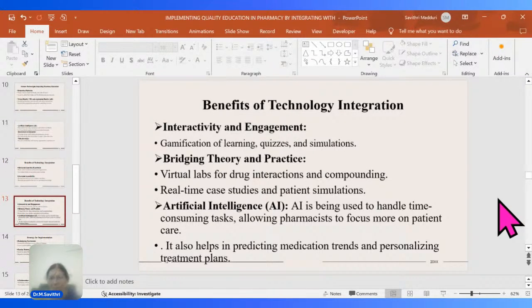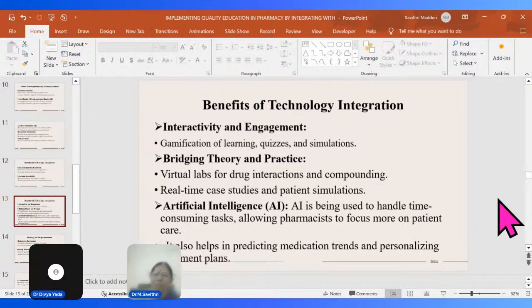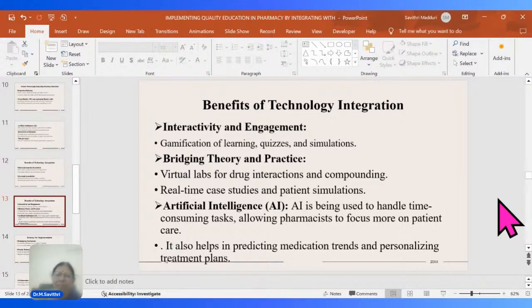Now, the continuation of benefits of technology integration: interactivity and engagement. There are so many apps available, like gamification of learning, so that the subject can be imparted in the form of games, so that students get interested and participate in gaming.